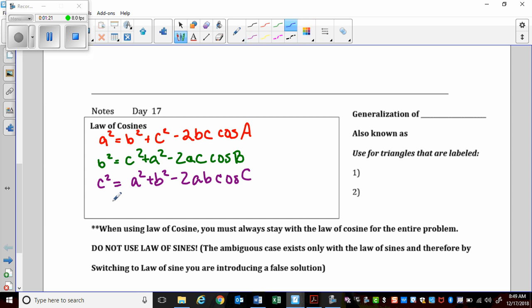We also have the special one, cosine of A. If we want to manipulate this, it'll be cosine of A. Let me rewrite this.